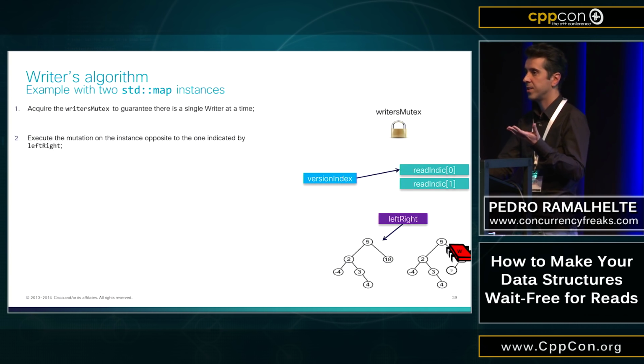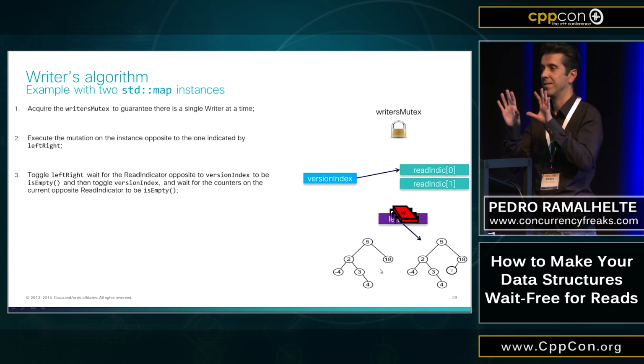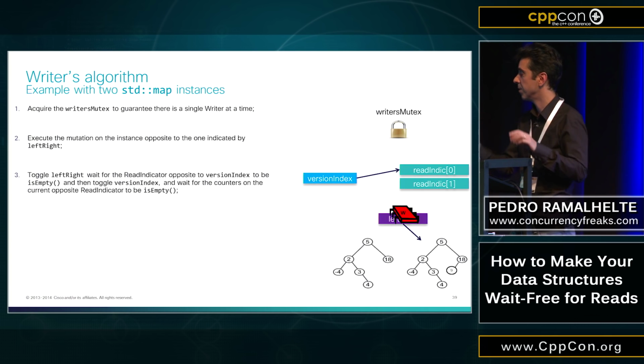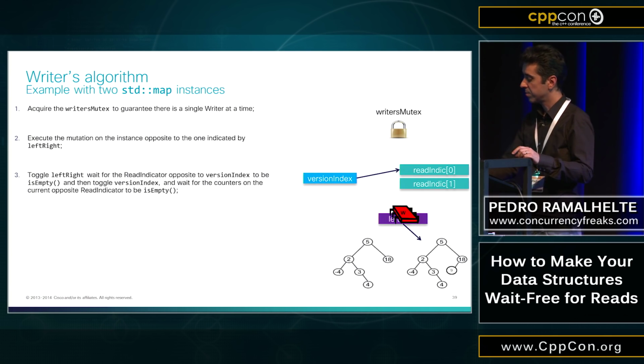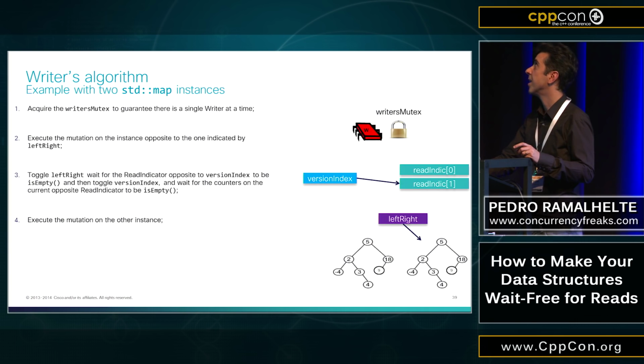Once the data structure is modified, which in this example, we inserted the element 9, now we want to do the same thing so that we have mirrors of each other. So the writer comes back here, has to wait for the read indicator to go to 0 or go empty, toggle that, then again, and then can go and safely modify and release the lock.